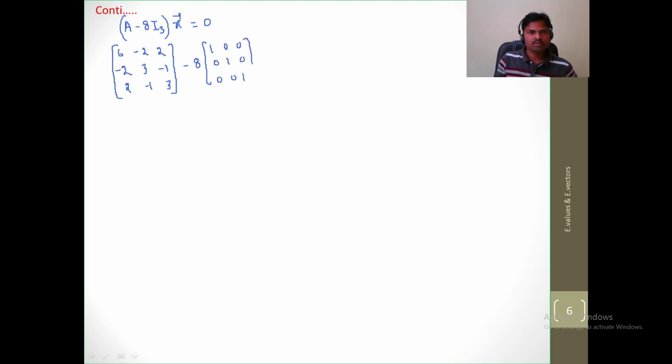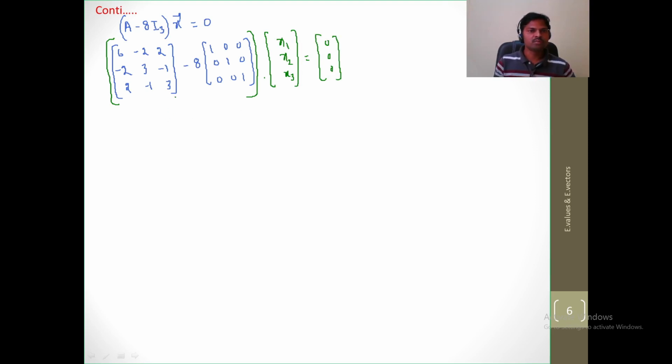Next, the whole matrix into X bar, which is x1, x2, x3, because it is a 3 by 3 matrix, so a 3 by 1 matrix we have to take here. The null matrix is also 3 by 1.